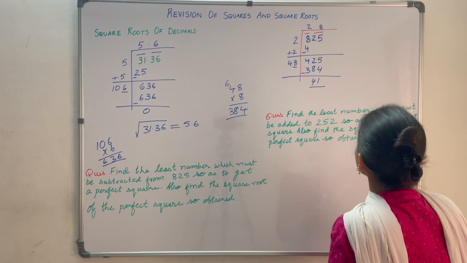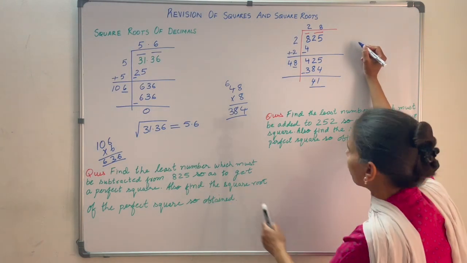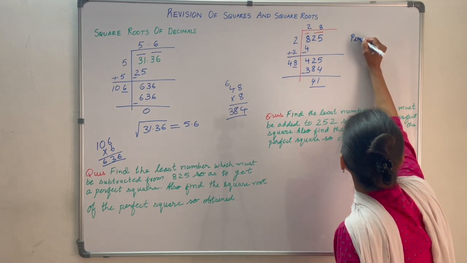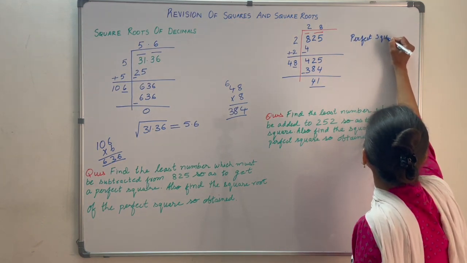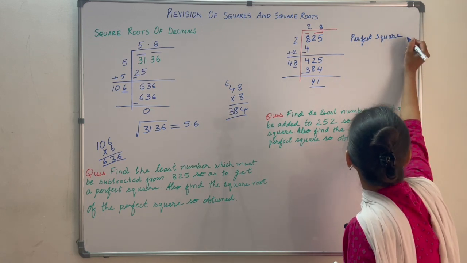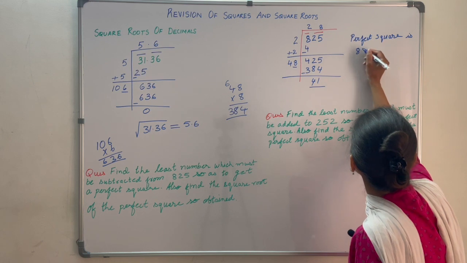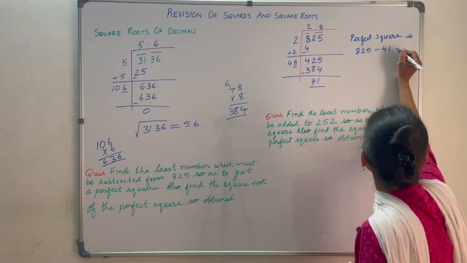So let us subtract to find the perfect square. So the perfect square is 825 minus 41.